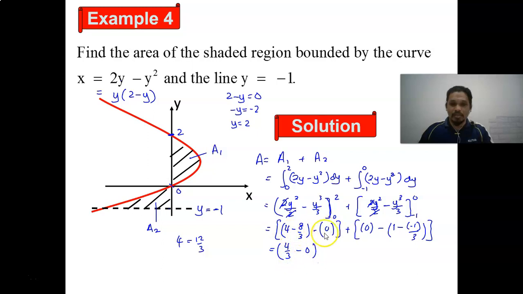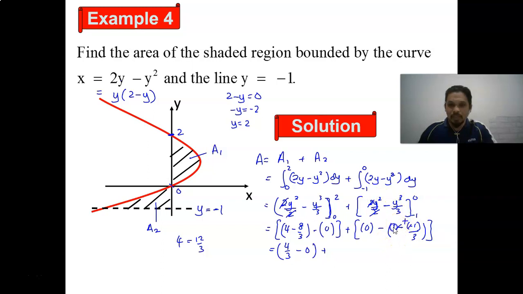This one minus 0 plus, this is 0 and then negative 1 minus negative 1. Negative times negative is positive.